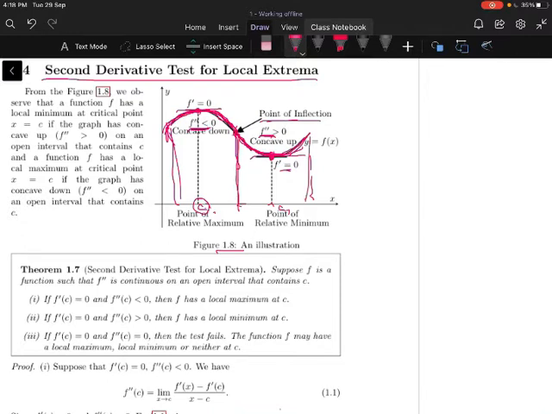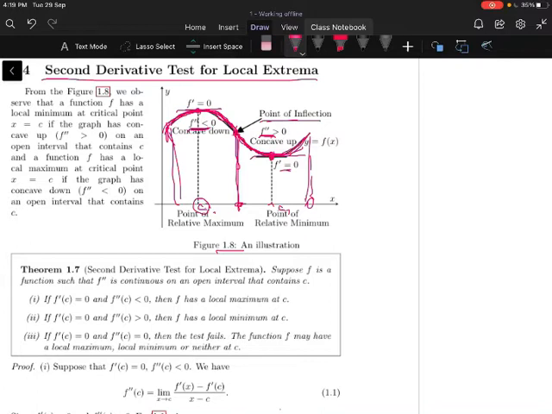And moreover you can observe that for this interval f double dash of x is positive. If f double dash of x is positive at x equal to c1, for any value from this point to this point, we can observe that the function has a local minimum value. And moreover f dash of c is 0 at x equal to c1.